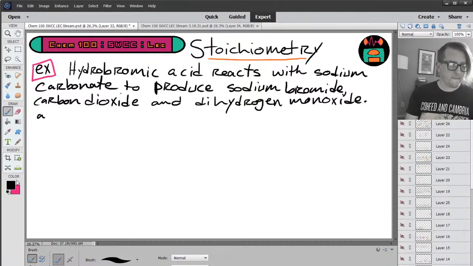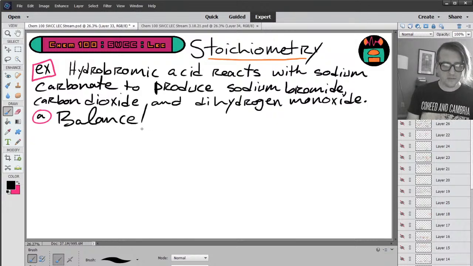Part A. Write a balanced chemical equation for this reaction.